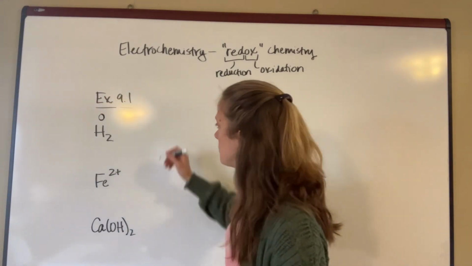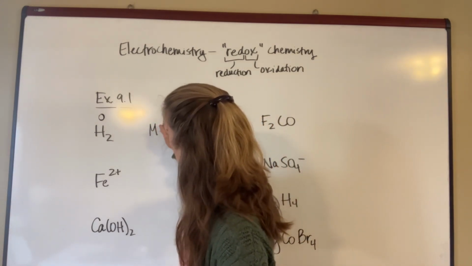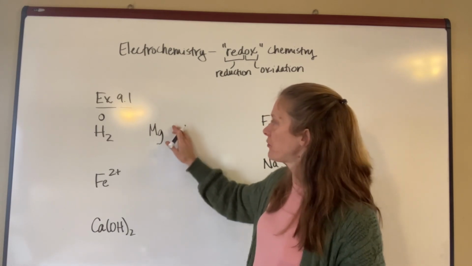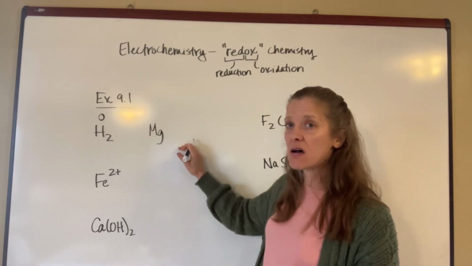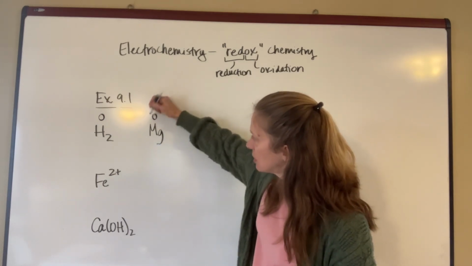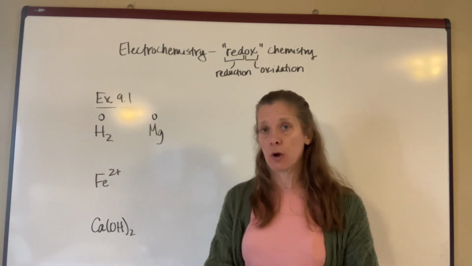It would be the same thing if I had just an atom of magnesium. If it was by itself, wasn't bonded to anything else, and didn't have any other type of charge written on it, then the oxidation number is also going to be 0.